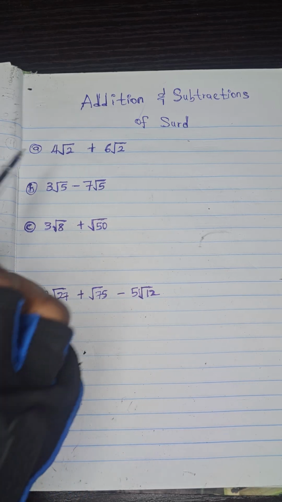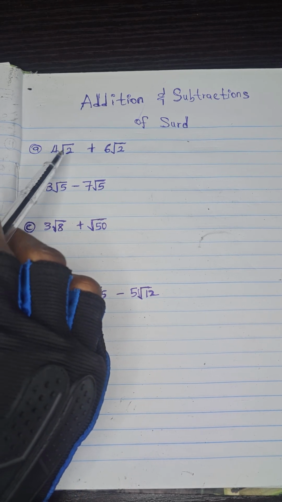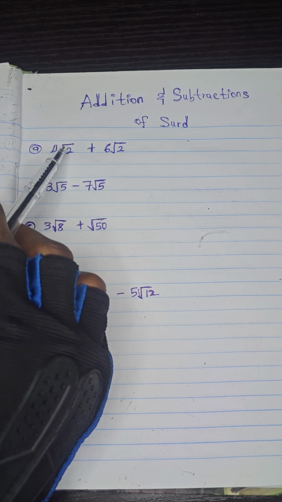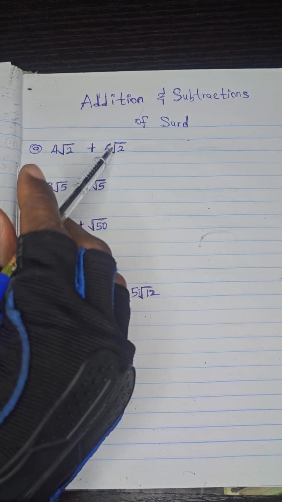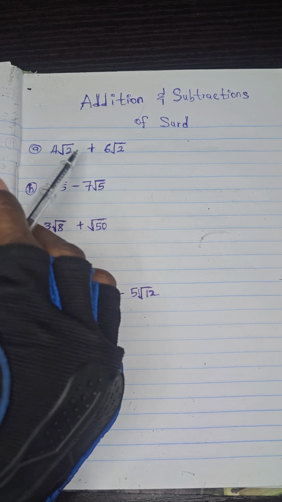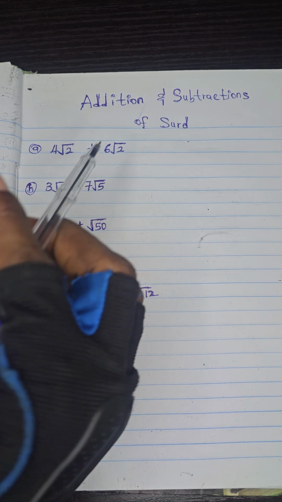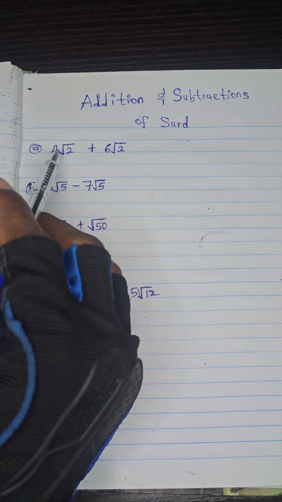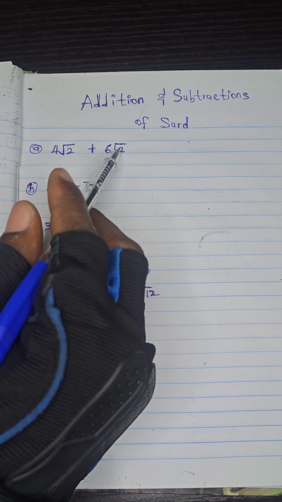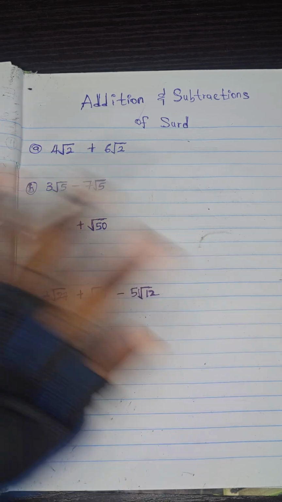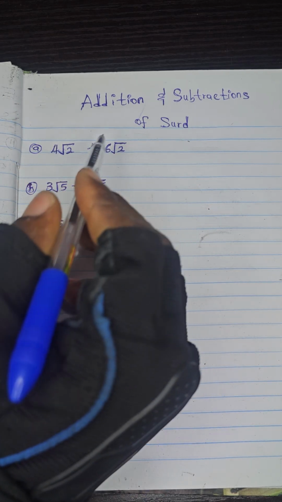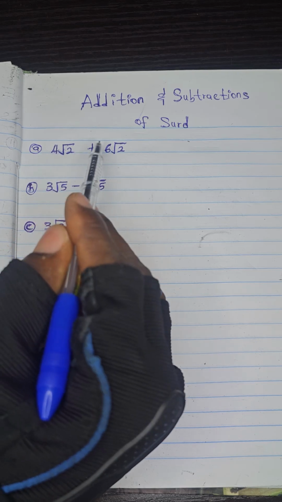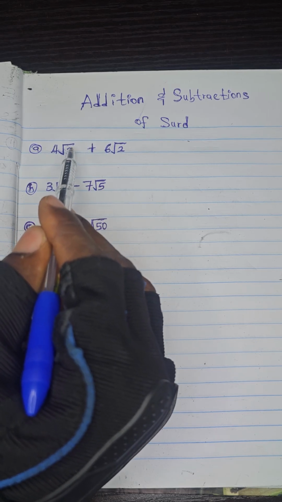First thing first, this is already simplified. 2 is the least number that can be inside the square root, and the same occurs here. According to what we said, for you to add or subtract a surd, the root must be the same. In this case, this is root 2 and this is root 2 also. So we don't need to do anything. We just add it. We're only adding the whole numbers outside. We're not touching this one.